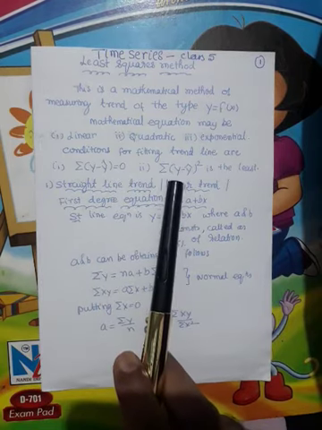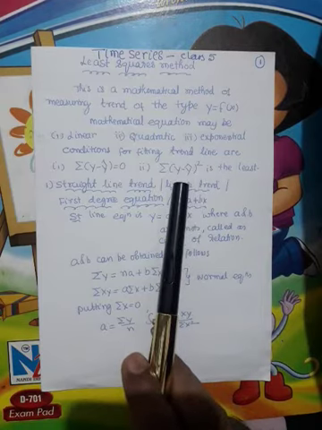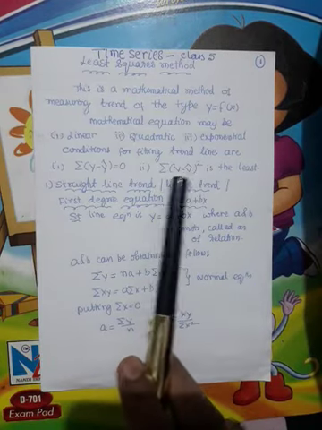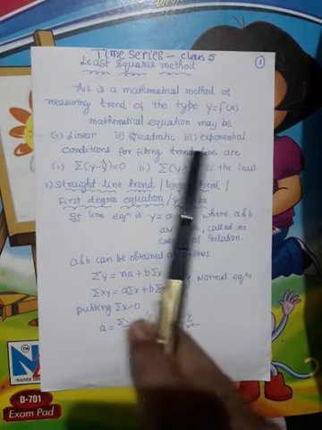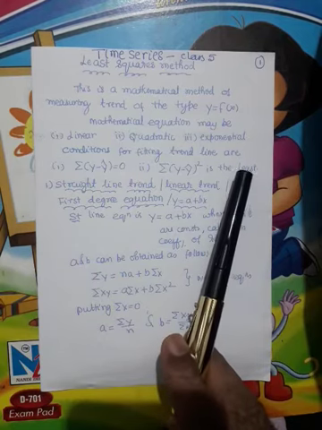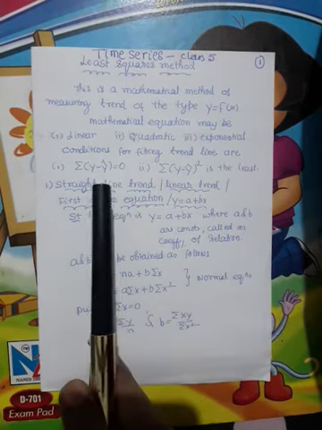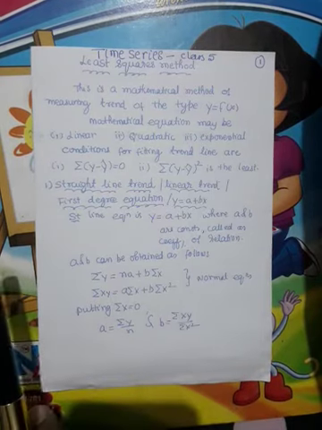Taking the difference and squaring them and adding them, we get the least value. So these two conditions should be satisfied while fitting a mathematical equation to the time series data by least squares method.